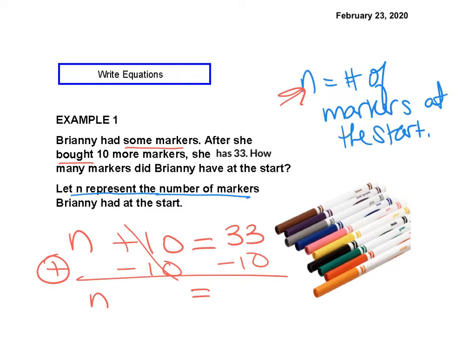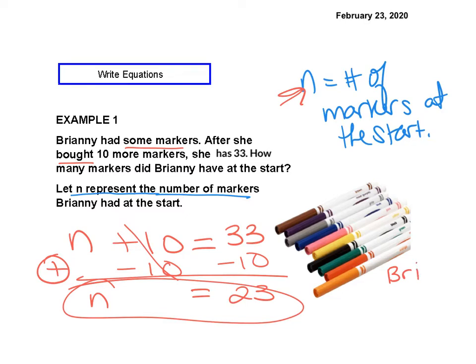And then we add these integers, which is just simply subtracting. So n is 23. Make sure we write a complete sentence whenever we have a word problem. We always want to accompany our solution with a complete sentence. Brienne had 23 markers at the start.